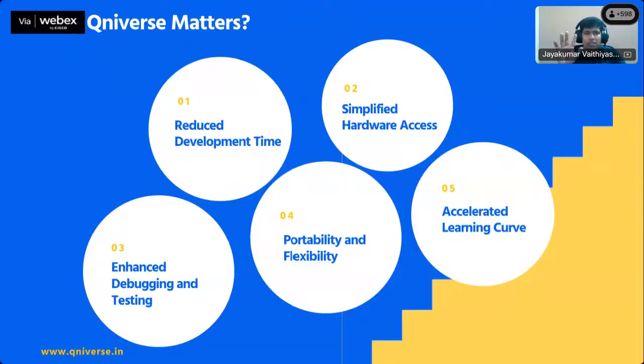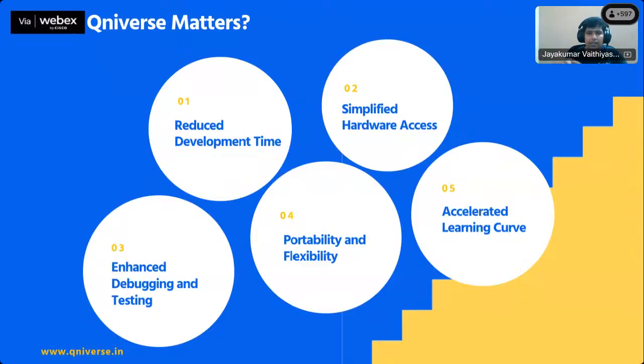So these are the five key points they had in mind while developing this tool. They try to reduce your development time. They simplify hardware access, whether GPU, CPU, FPGA, or quantum hardware. They increase debugging and testing options before executing your circuit.